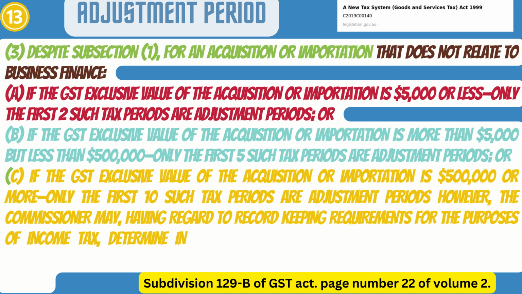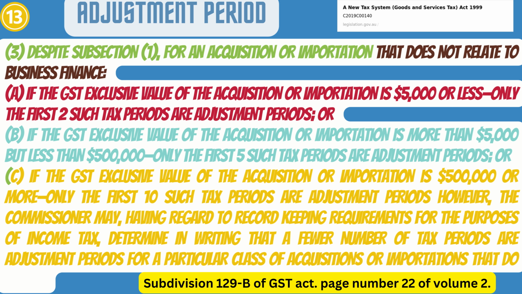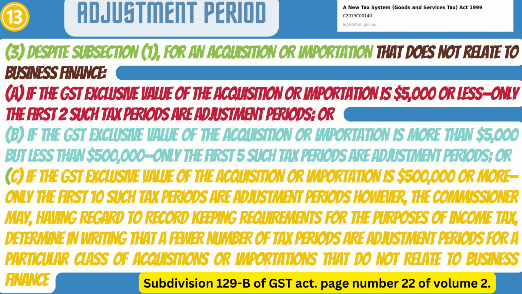Or B. If the GST exclusive value of the acquisition or importation is more than $5,000 but less than $500,000, only the first 5 such tax periods are adjustment periods. Or C. If the GST exclusive value of the acquisition or importation is $500,000 or more, only the first 10 such tax periods are adjustment periods.